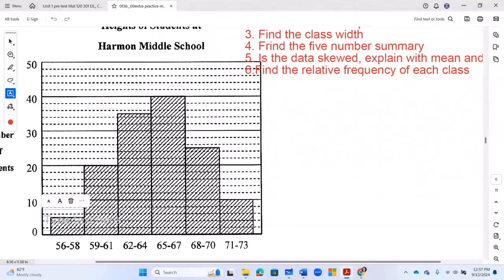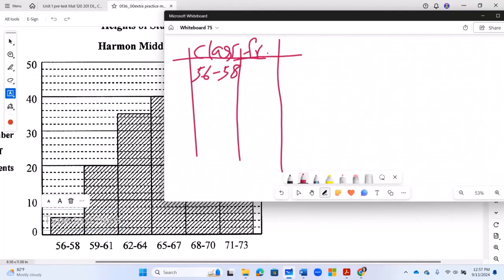You notice that the estimated frequency is approximately 5. The frequency is how tall the bar is. The frequency is on the y-axis. The classes are on the x-axis.